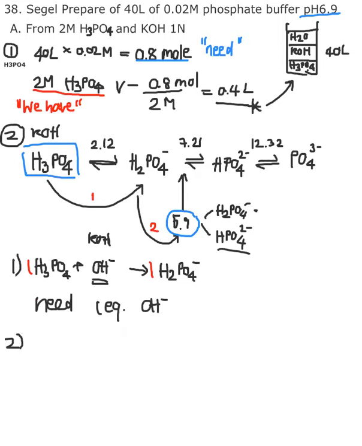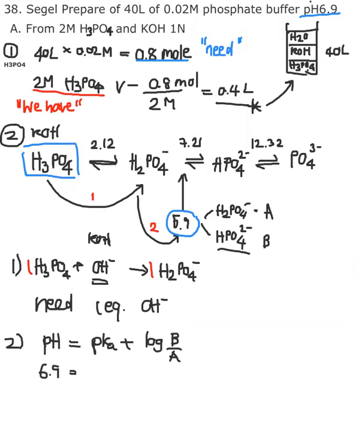For the second step, the beginning of the second step is when you have 100%, or one equivalent, of H2PO4 minus. But to raise the pH to 6.9, we need to use the Henderson-Hasselbalch equation to calculate the amount of hydroxide ion that you need to change H2PO4 minus into HPO4 2 minus. So pH is 6.9.